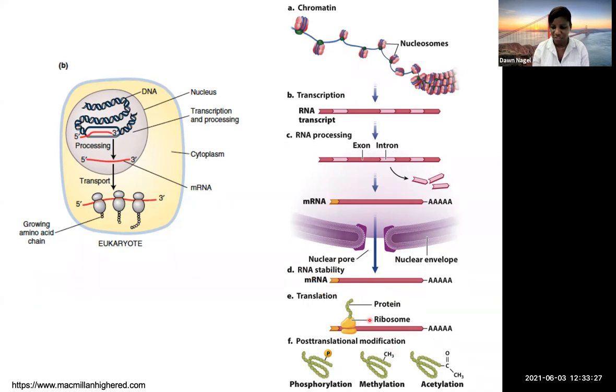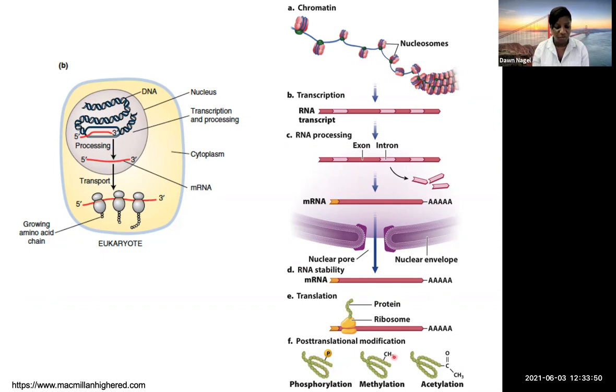We discussed the different steps in translation: initiation, elongation, and termination. And then even after you make this protein, you will need to modify that protein, right? So have it folded properly. And in addition to folding, you can have other types of modification that are important for the proteins, such as phosphorylation.